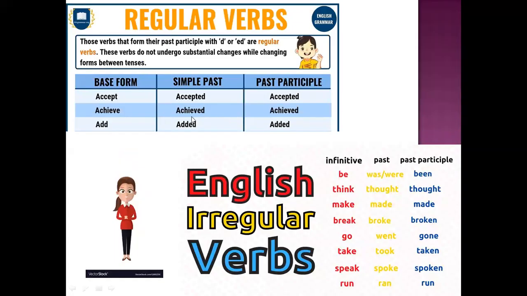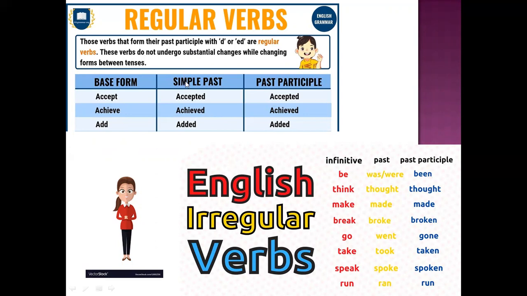And also, the important thing is when you are talking about verbs, we can divide verbs into two major parts. Those are regular verbs and irregular verbs. Children, a verb has three forms: base form, past form, and the past participle form. Can you remember this chart, this table? Those verbs that form their past participle with D or ED are regular verbs.